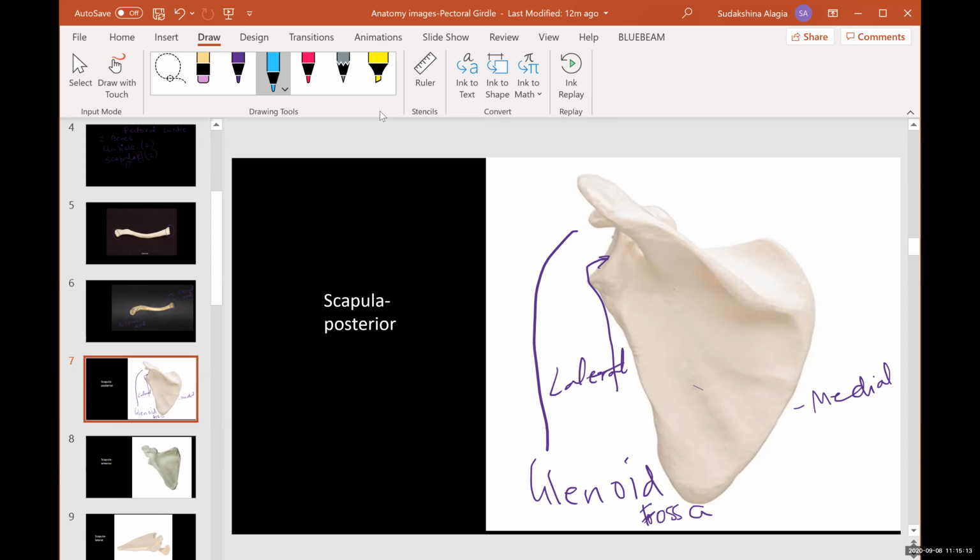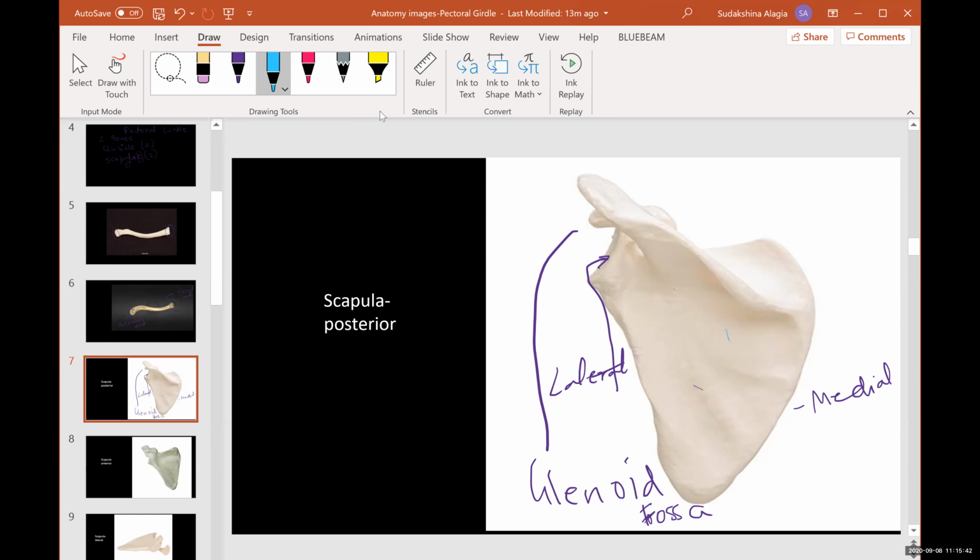You want to identify first what's anterior, what's posterior, what's medial, what's lateral. Basically, lateral and medial give you anterior and posterior. So you want to identify at least one landmark feature and learn from that reference, because that tells you, okay, I'm looking at the back of my body, this is the back of my shoulder blade, because this is where the arm will be, the glenoid fossa.